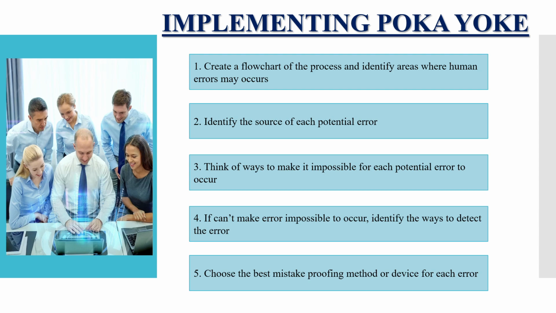Once the error and its root cause are identified, we have to implement effective methods and devices to eliminate that error from the process. So these are the basic, very simple and important steps for implementing Poka Yoke in your workplace. Hope you understand all this.